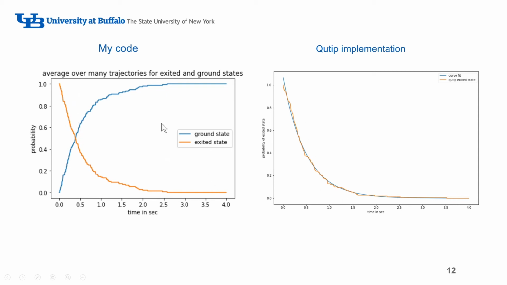In both of these I had the same initial conditions. The theoretical value was 2, and for both I got very close to 2, with an uncertainty of less than 5%. For this one I got 1.92, and for this one I got 2.01. So the QuTiP implementation was a little bit better than my code, but still mine was good enough.